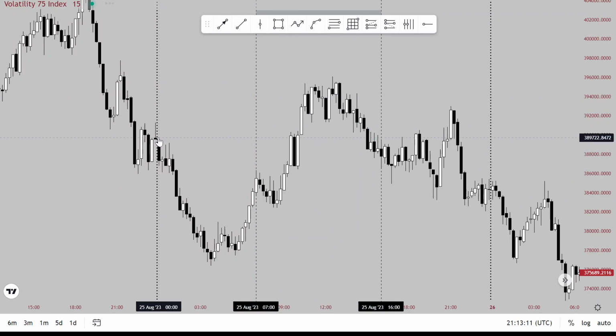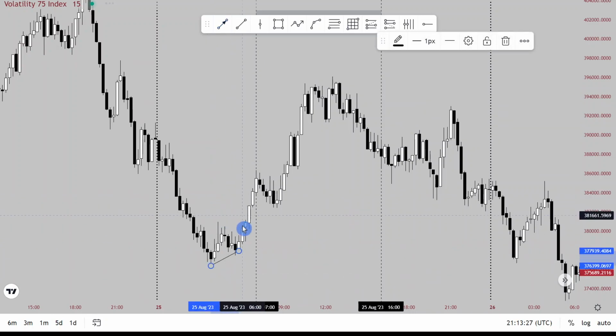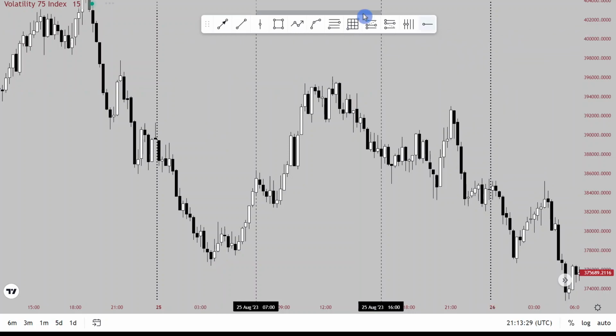Now we look between 12 to 7 to see if any institutional market structure was formed. Here I don't see any clear institutional manipulation and break of structure. What formed here was what? What formed here was a failure swing. So we don't have any manipulation and a break of structure. We don't actually have this.